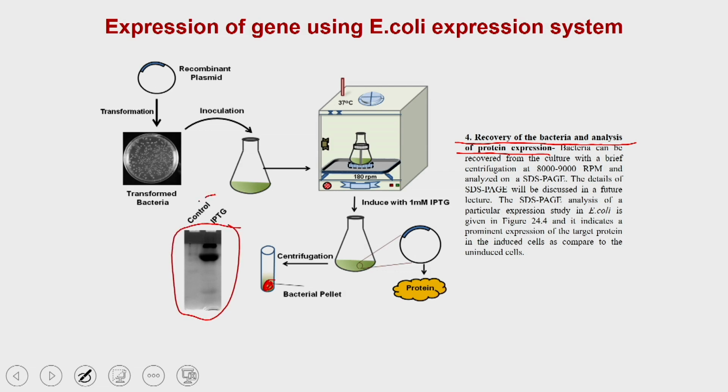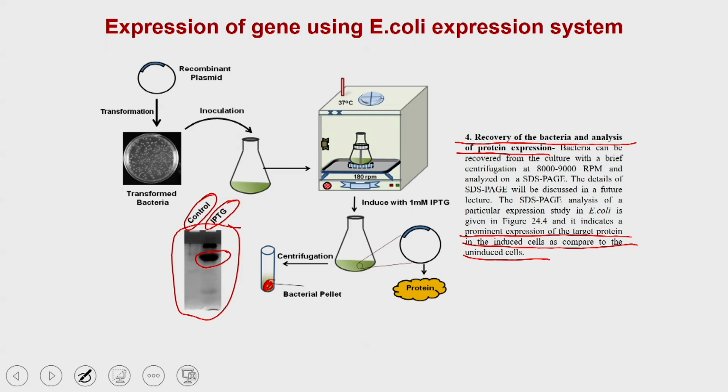As you can see here, this is the control bacteria, which means untransformed or uninduced bacteria, and this is the IPTG induced bacteria. What you will see is enhanced production of that particular protein compared to all other proteins. So, you will see a prominent expression of the target protein in the induced cells as compared to the uninduced cells.